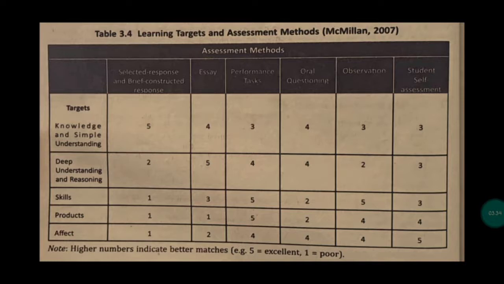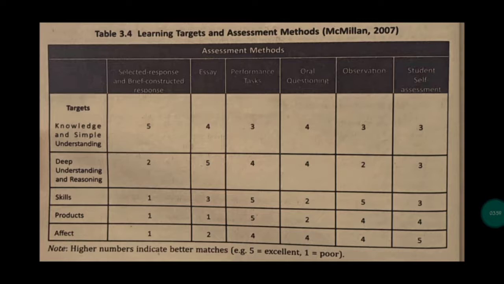So these are the assessment methods. So these are the following targets: Knowledge and simple understanding: selected response and brief constructed response 5, essay 4, performance task 3, oral questioning 4, observation 3, student self-assessment 3.